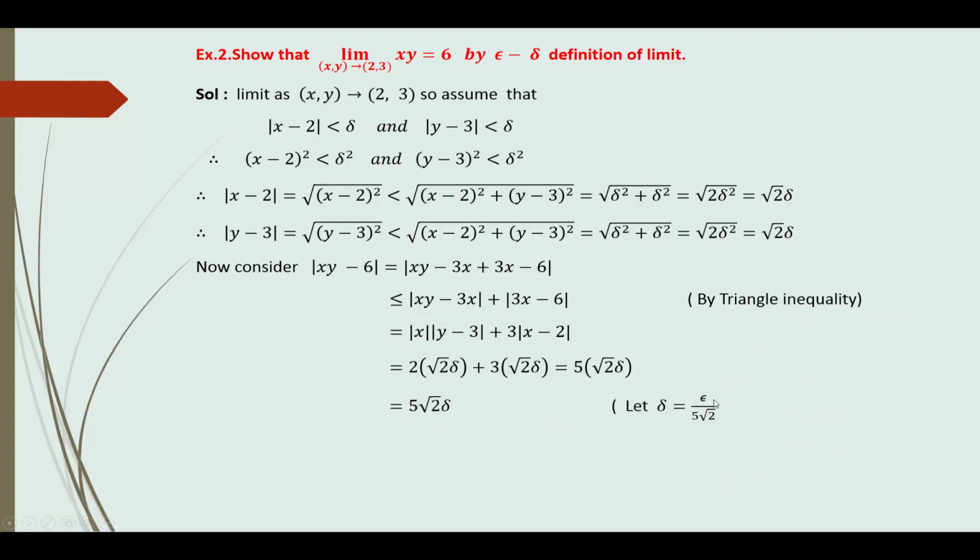Assume that delta is equal to epsilon by 5 root 2, so this is equal to epsilon. Therefore modulus of xy minus 6 is less than epsilon, and therefore by definition the limit of xy as (x,y) tends to (2,3) is equal to 6. This is the solution of the given limit.